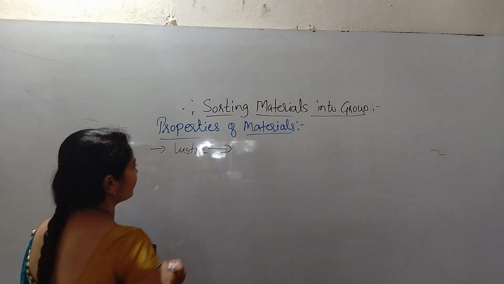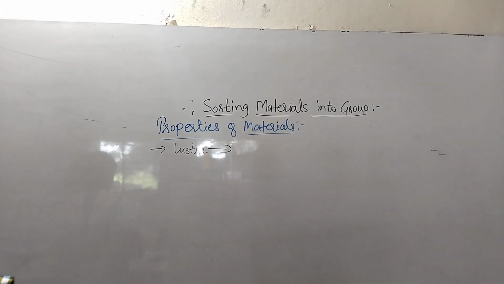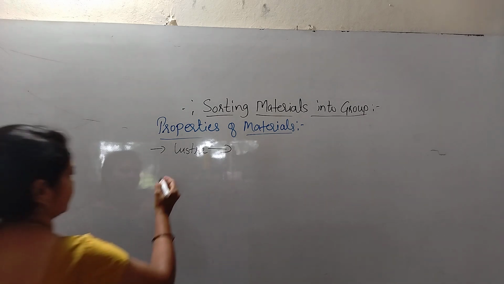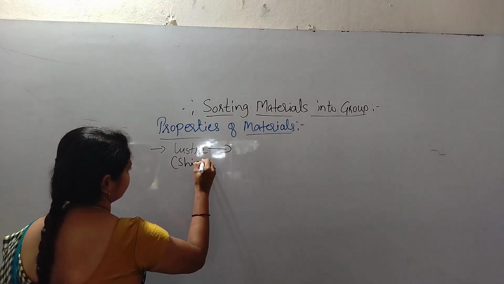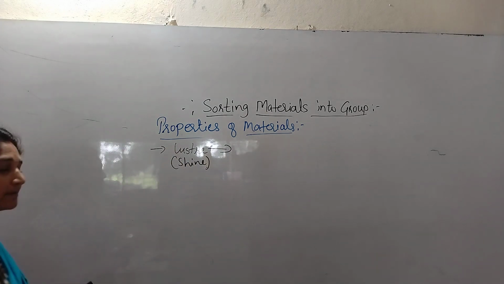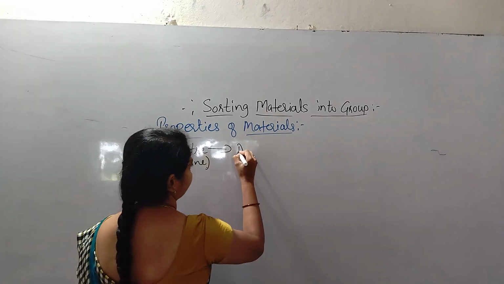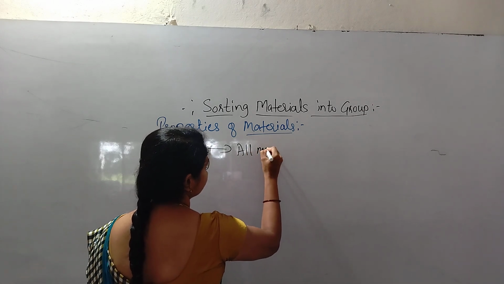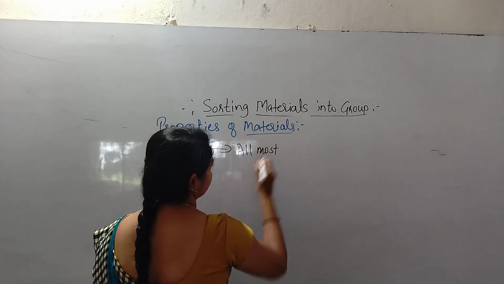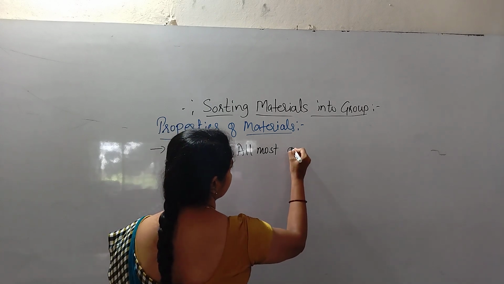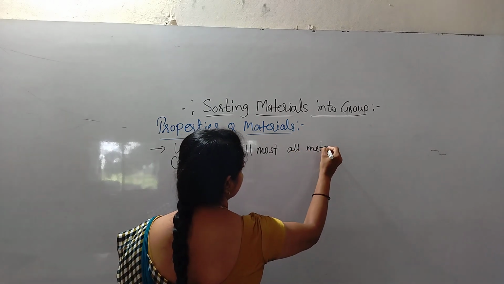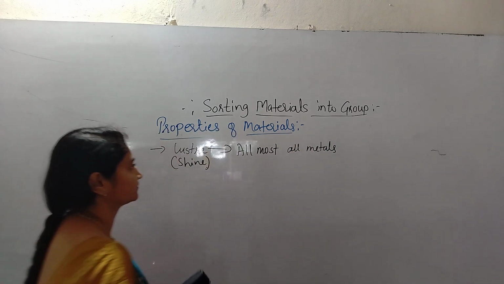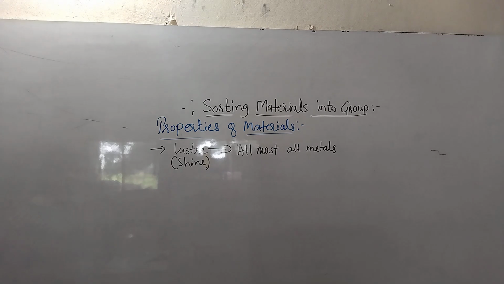Can you write your example here? Luster, or you can say shine. Almost all metals. You can write your examples.